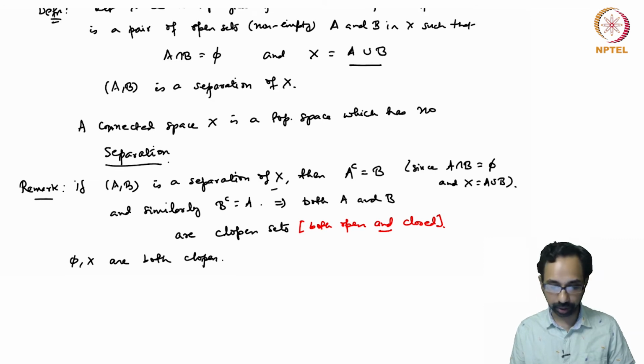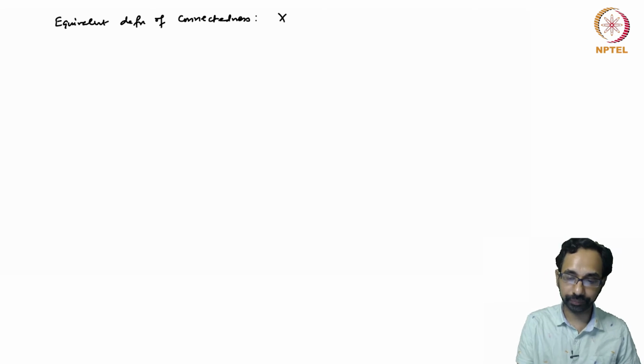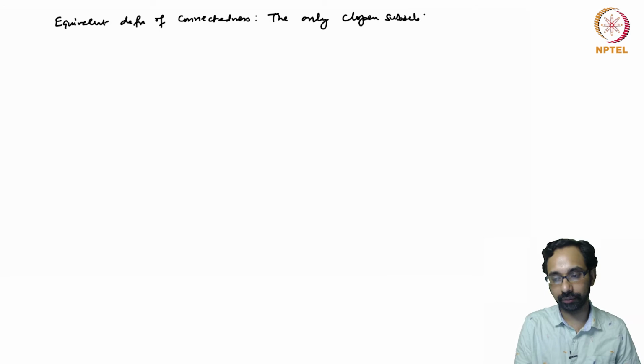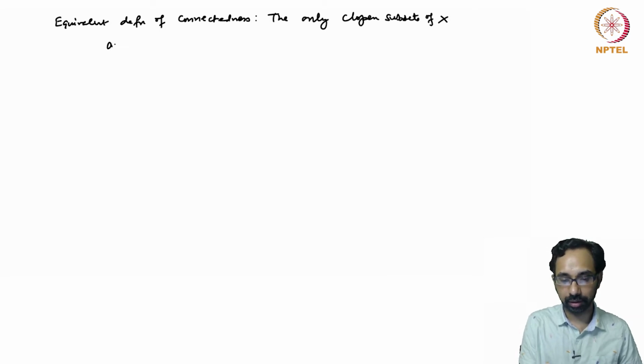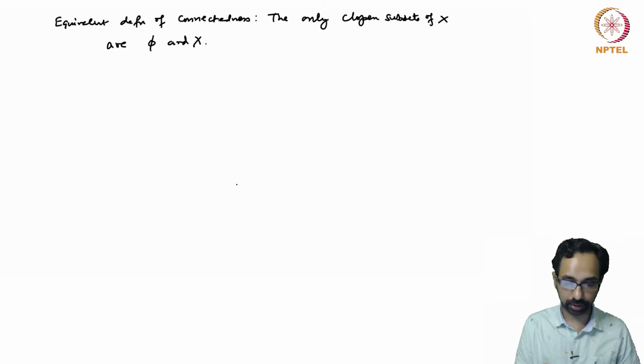So an equivalent definition of connectedness is that the only clopen subsets of X are phi and X. So how can we show this? So let's prove this.